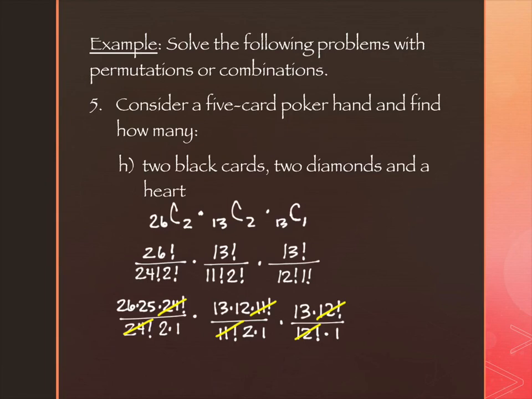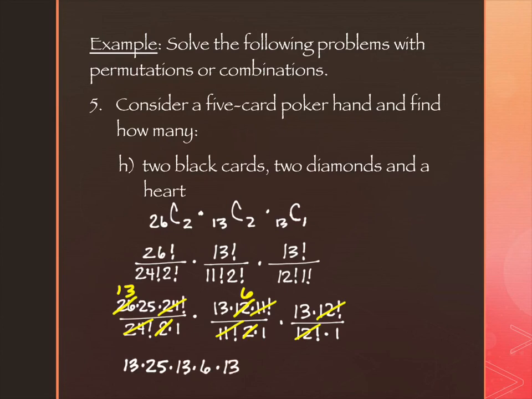All right, so what else is going to reduce in my first fraction? The 2 can go to the 26 and 13. Yep, the 26 divides by 2 to give me 13. How about in the middle one? The 2 will divide the 12 and give me back a 6. So I end up with 13 times 25 times 13 times 6 times 13.